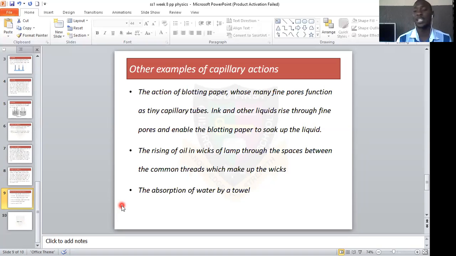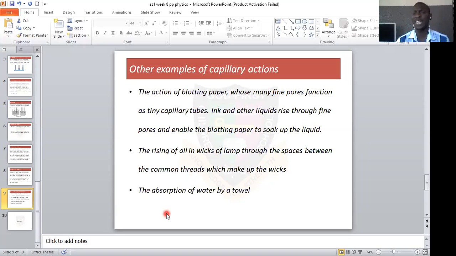You can say all these daily experiences are due to the effect of adhesion and cohesion. When the adhesive force is higher than the cohesive force, that is why liquid tends to rise. But in mercury, it is different. Mercury's cohesive force is stronger than the adhesive force.